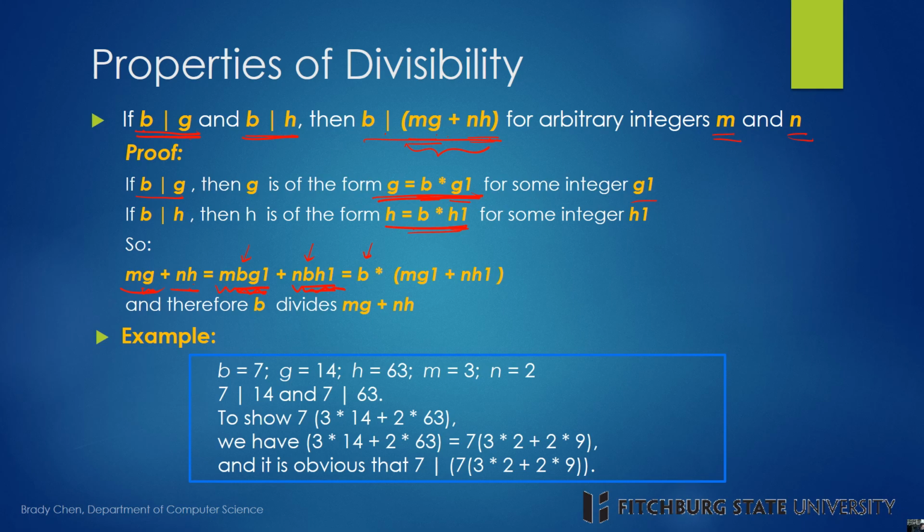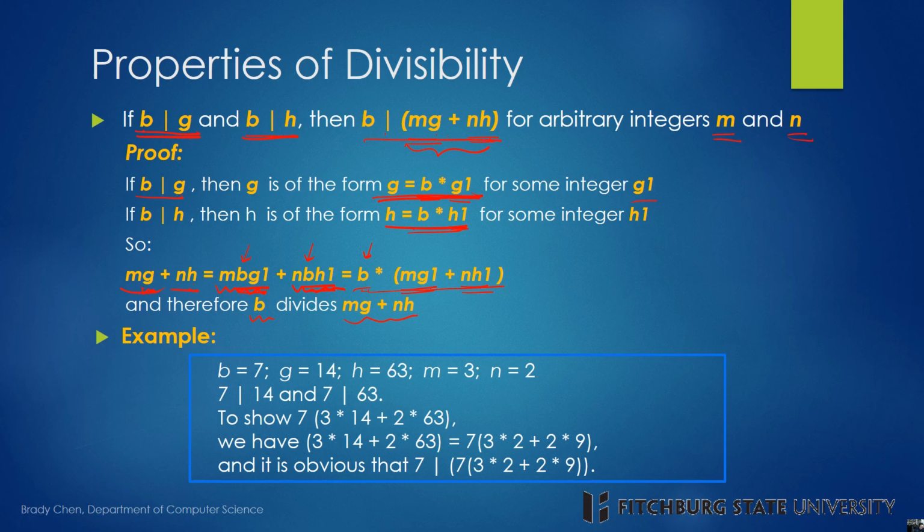So I can take b out, and the first item becomes m times g1, and the second item becomes n times h1. So now I can write mg plus nh as a multiplication of b and another number. So we can claim b divides mg plus nh.